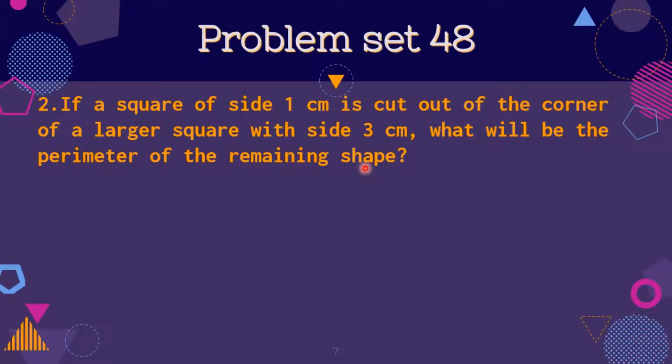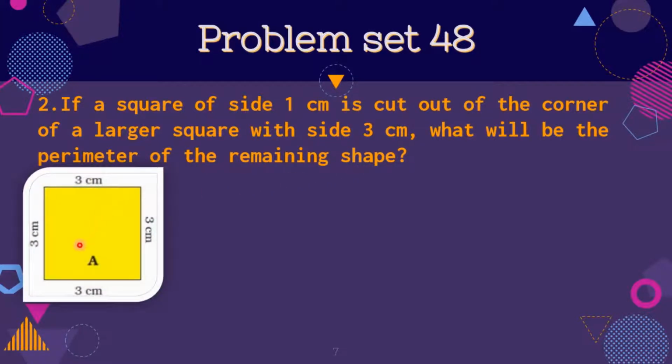So here we have a larger square with side 3 centimeter. If a square of side 1 centimeter is cut out of the corner of this square, we get a shape which is shown in figure B.